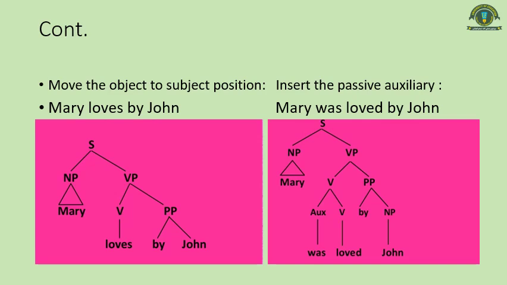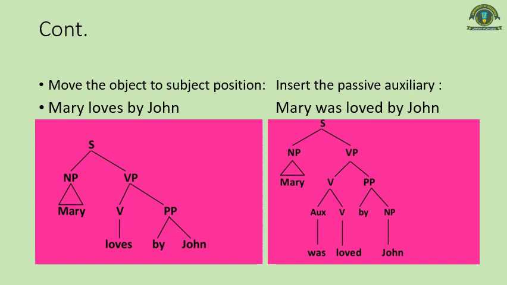Now the next step is to insert the passive auxiliary, that is was. So now the sentence would be Mary was loved by John. Mary is a noun phrase again, and was is the auxiliary we have inserted.